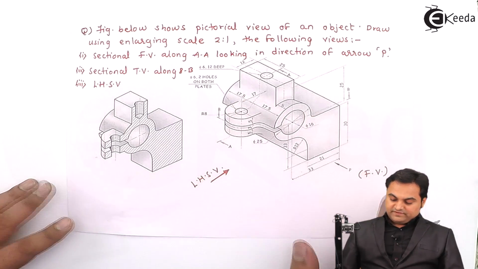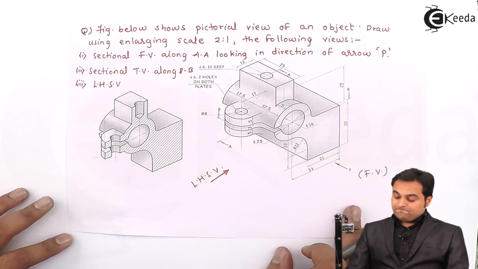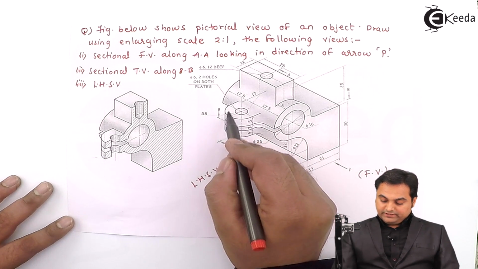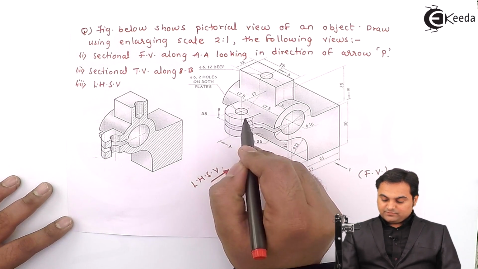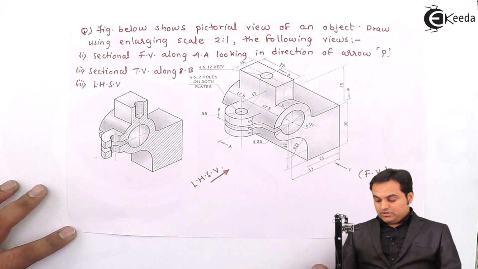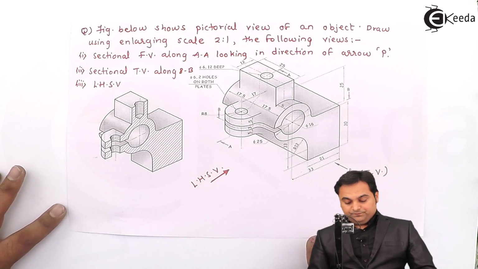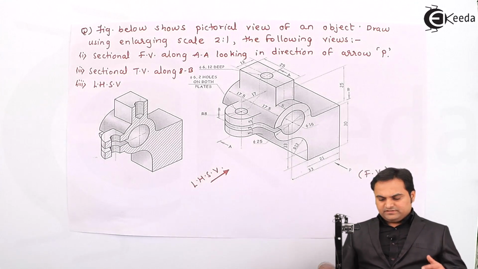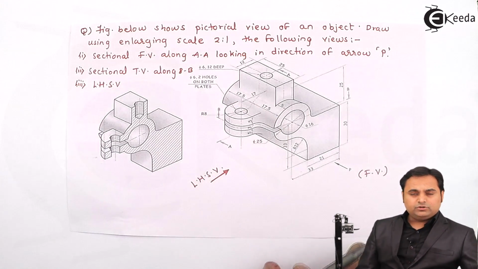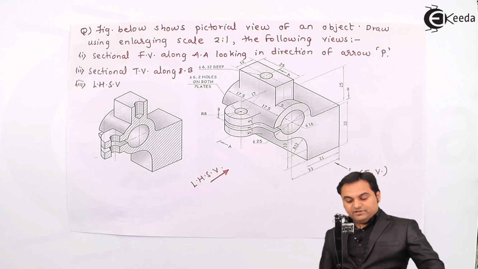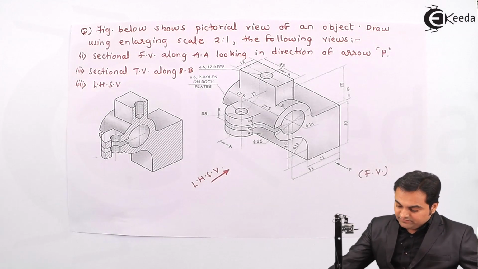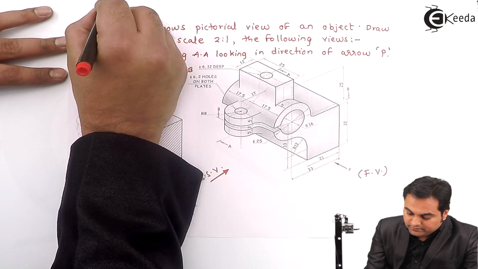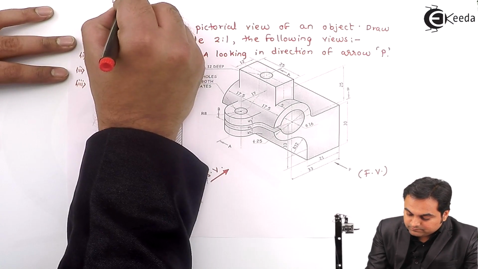So 33 plus 17, that gives me 50 mm, and then from this center to the outer radius, which is 8 mm, so that gives me 58 mm as the total length. Now that 58 mm I have to make double because this problem is of enlarging scale, that is making all the dimensions double. So length, if it is 58, that will become 116, that is twice of 58.